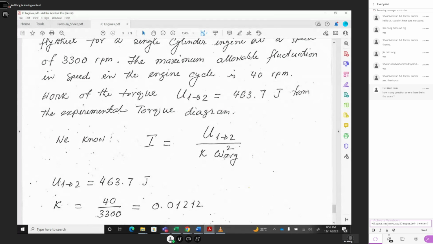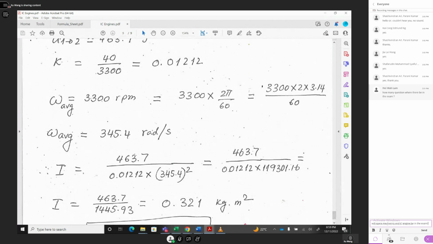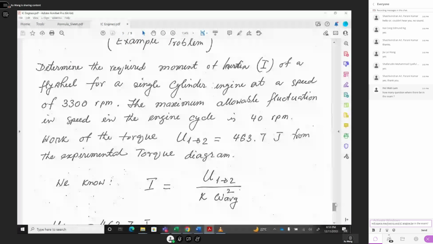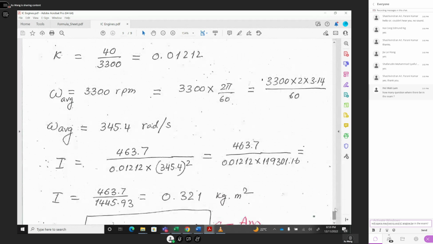And this one is 3,300. You convert to SI units. You can calculate omega in SI units equal to this one. So you put this together and calculate I. This flywheel rotational inertia equals U, which is the energy, 463. This is U, okay? And then you divide by K. We already calculated K: the fluctuation range 40 divided by the average speed, equal to 0.014.